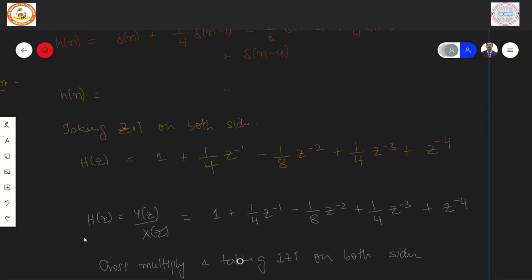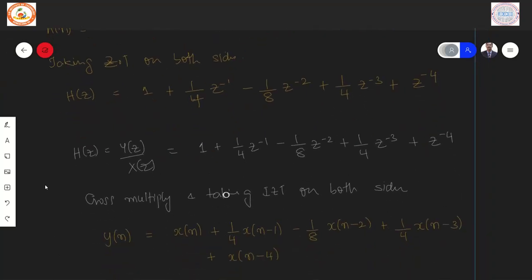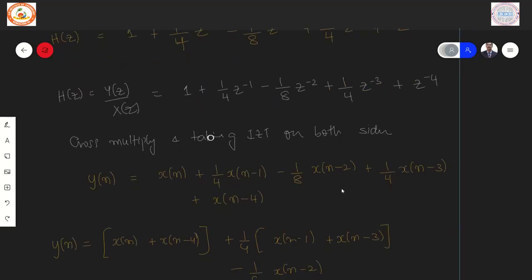Then h of z is replaced with y of z by x of z, and the value in the RHS is represented as it is. Next step for simplification is cross multiplying and taking inverse Z transform on both sides. We get the difference equation.